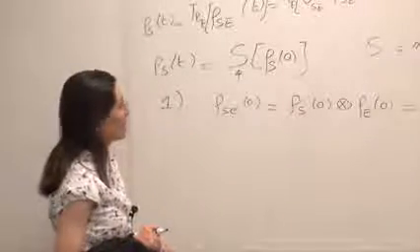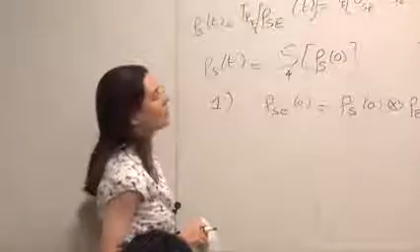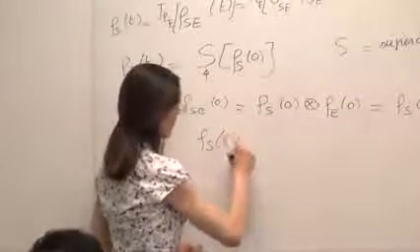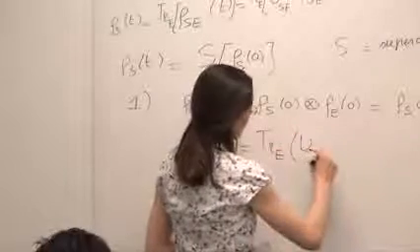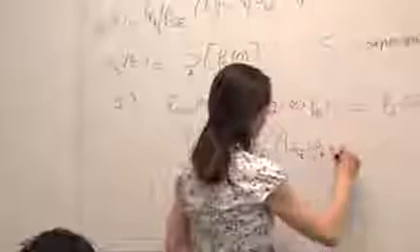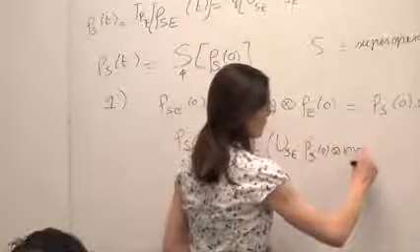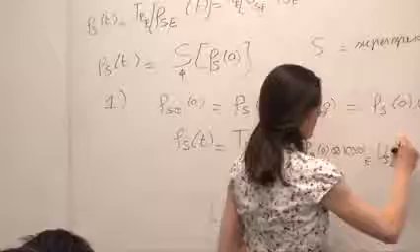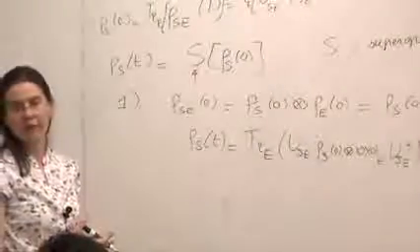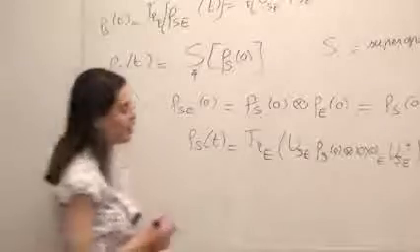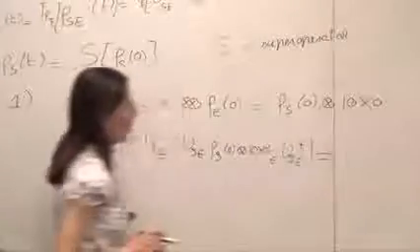Now I just plug this in here, and I want to perform my partial trace. So the partial trace over E of U applied to rho_S(0) tensor the environment ground state. I'm doing a partial trace with respect to the environment. So this is the same as doing a projection on one preferential basis.